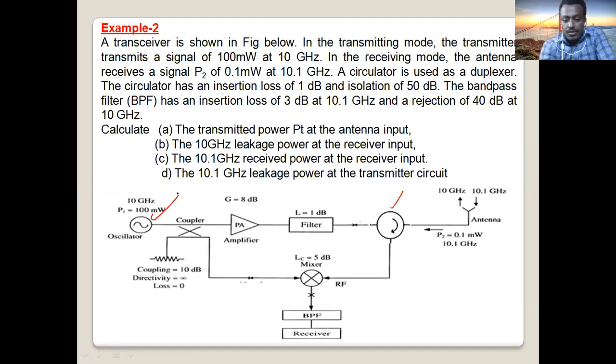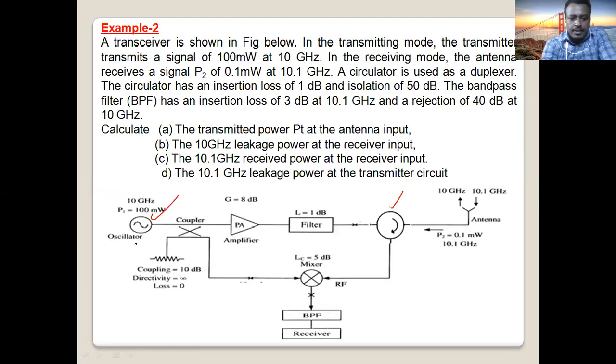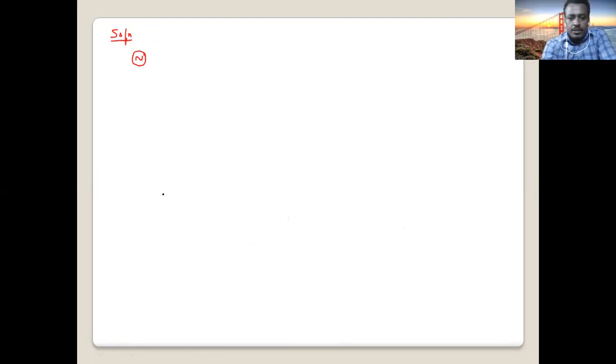In the transmitter section, we start from an oscillator, a microwave oscillator. We'll discuss this oscillator later. This oscillator generates our signal, 10 gigahertz frequency and 100 milliwatt power.